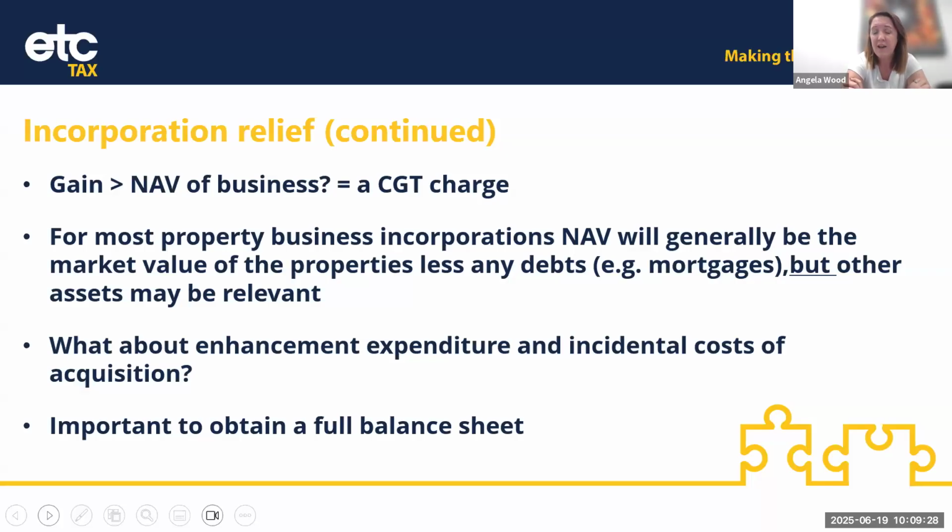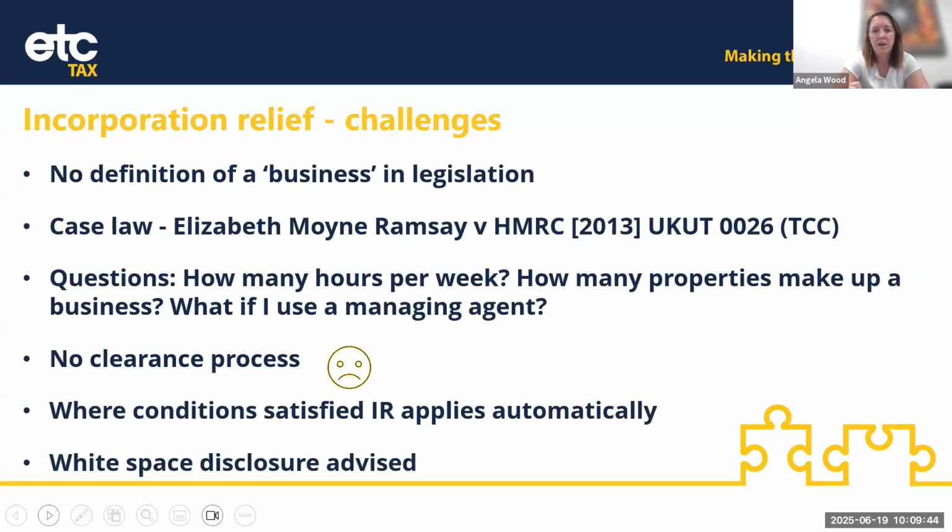But we also need to think about things like enhancement expenditure and incidental cost of acquisition, if that assists in working out the net asset value of the business, and ultimately assists in meaning that there is no capital gains tax charge that might apply.